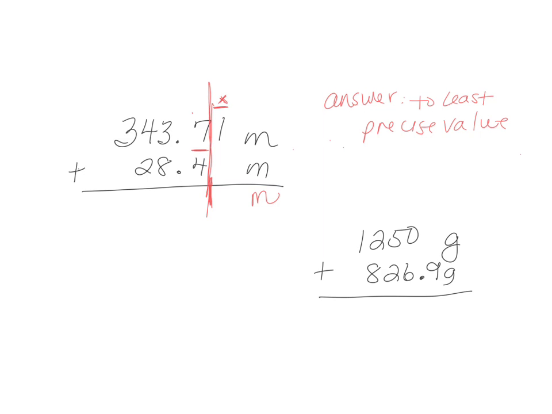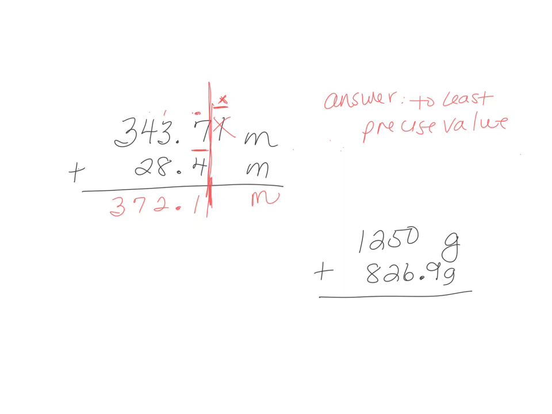You look one number past and see if it affects this value here. It does not cause any rounding, so essentially it just does not matter. So then you go through and you do your adding. And your answer is 372.1 meters.